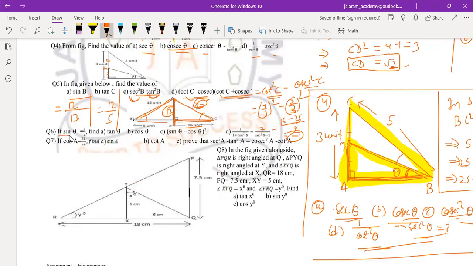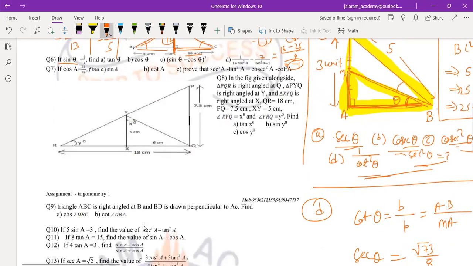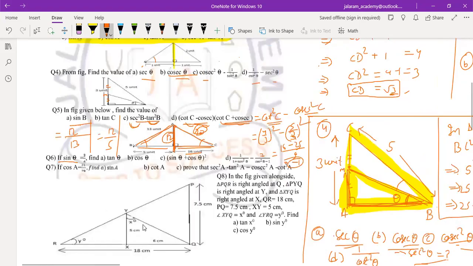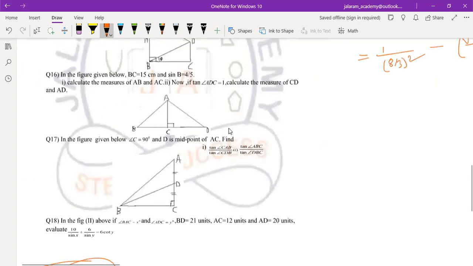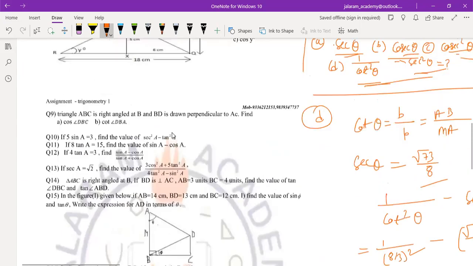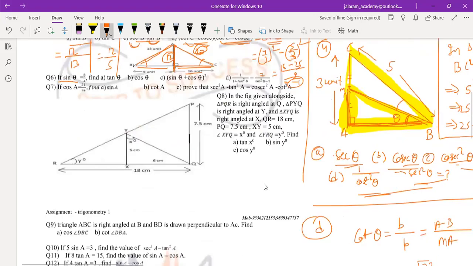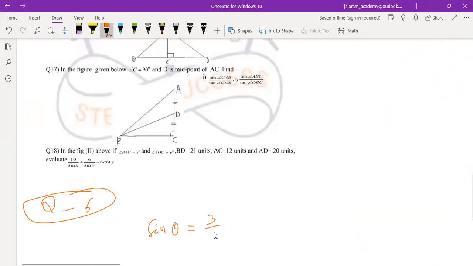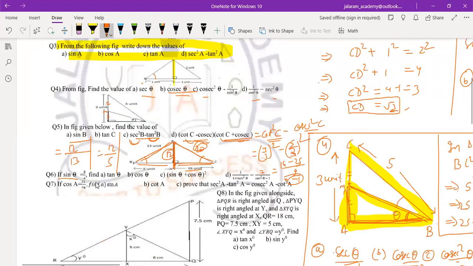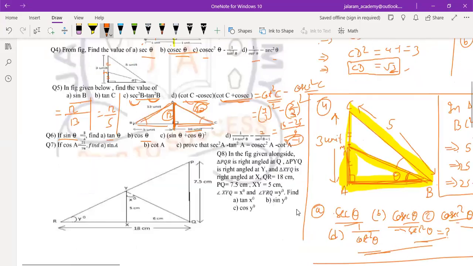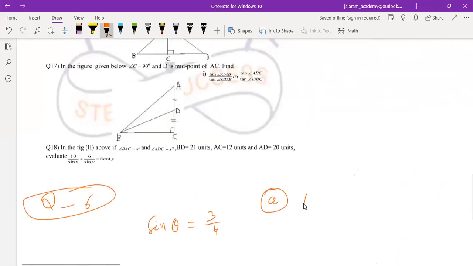Now in questions like question 6, when only sin theta is given and no triangle is there, how do we find the other ratios? Here sin theta is given equal to 3 by 4. And what do we have to find? First part, tan theta. Second, cos theta. Third, sin theta plus cos theta whole square.